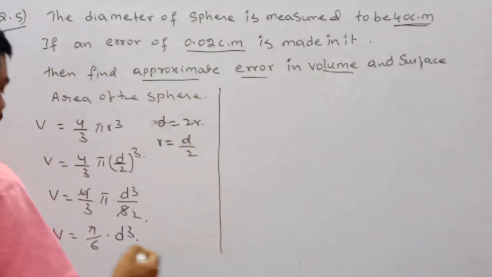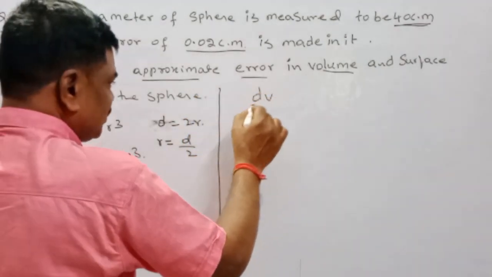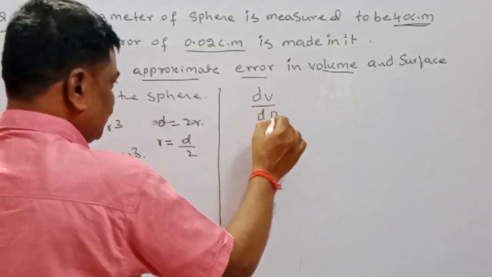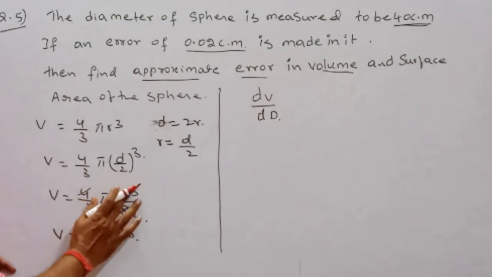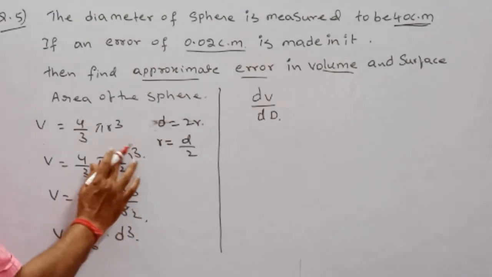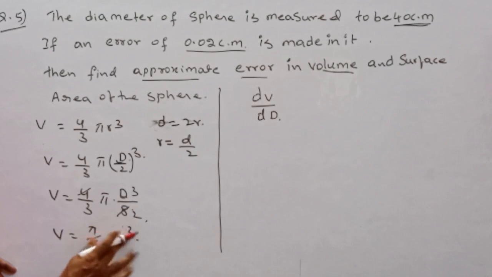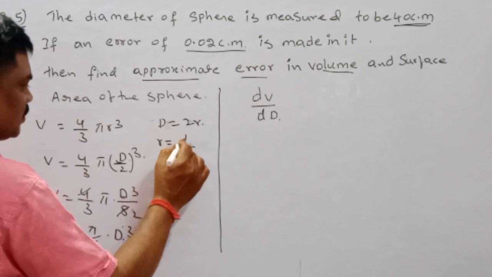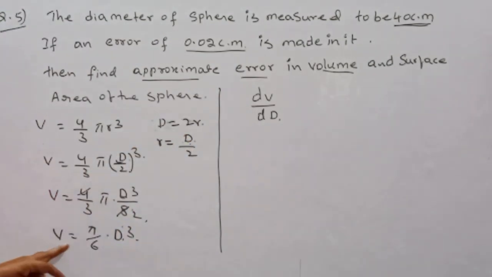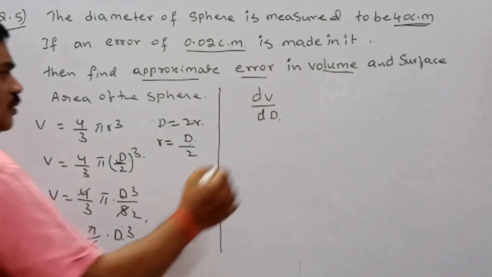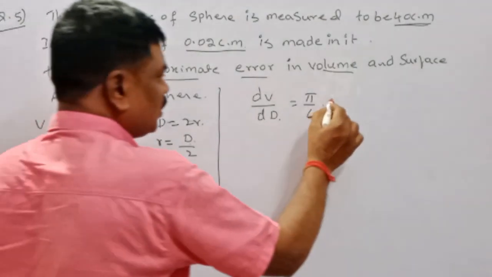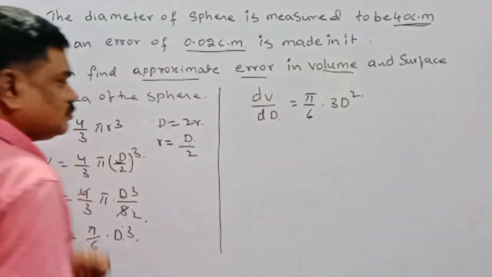So here differentiate with respect to diameter D: dV by dD is equal to pi by 6 into 3D square.